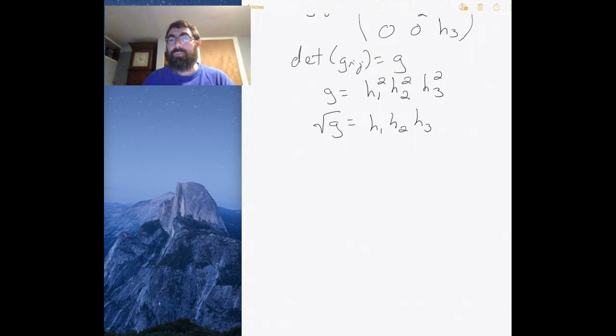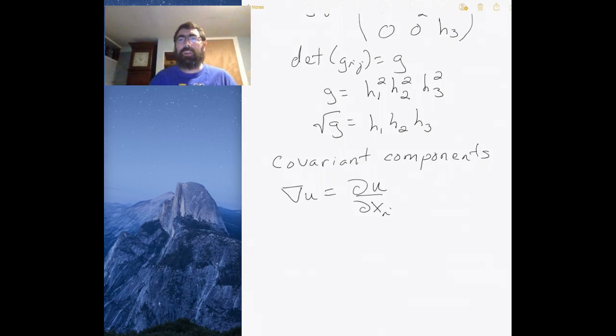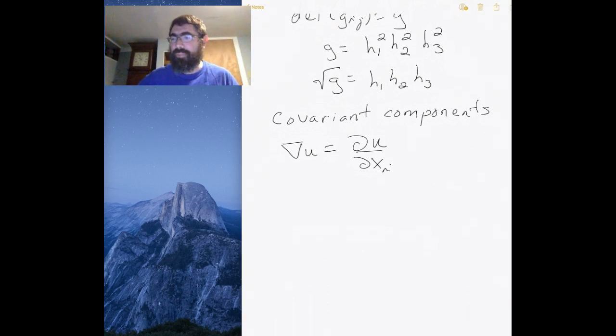So now I can write in very general terms that the covariant components of the gradient of some scalar function u I can write as just the derivatives of u with respect to this component, and where you then sum them up.